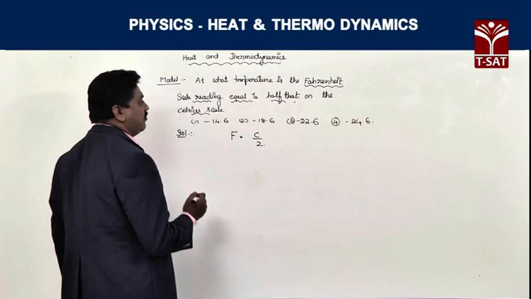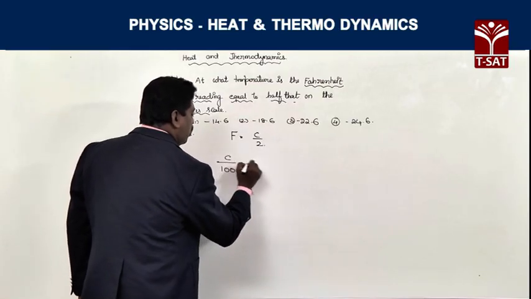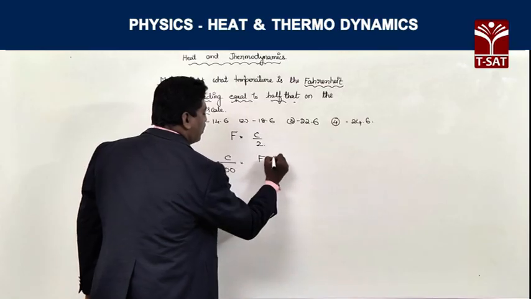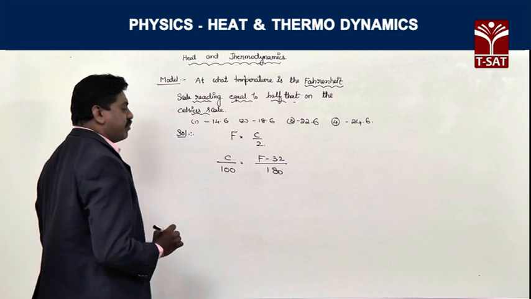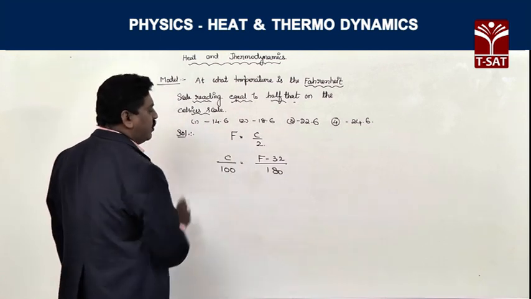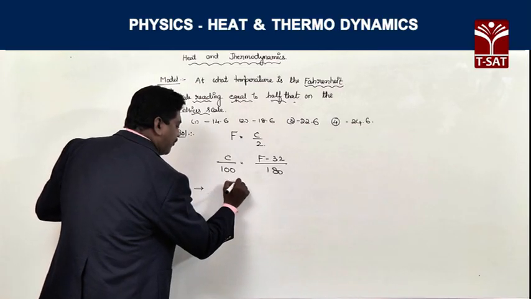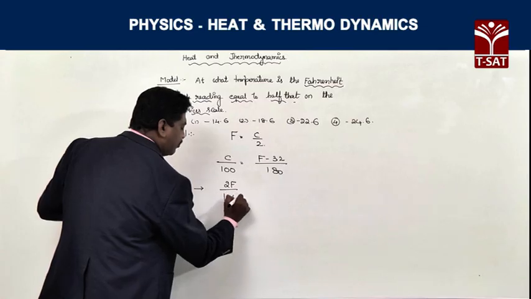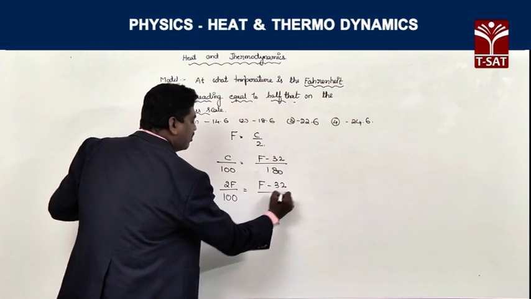Now, let us consider the formula C by 100 is equal to F minus 32 by 180. In a simple manner, in place of C we can write 2F. So, 2F by 100 is equal to F minus 32 by 180.